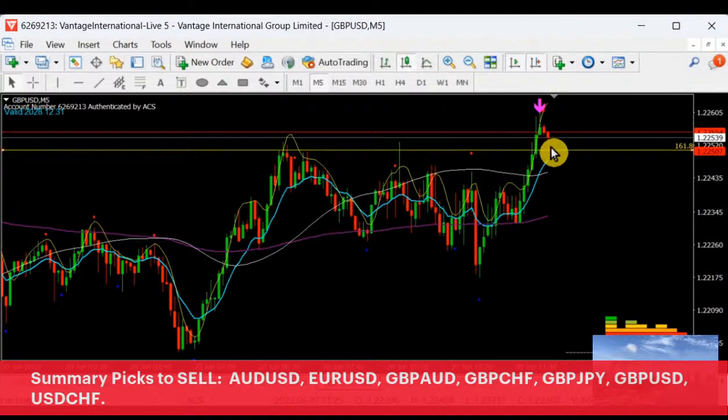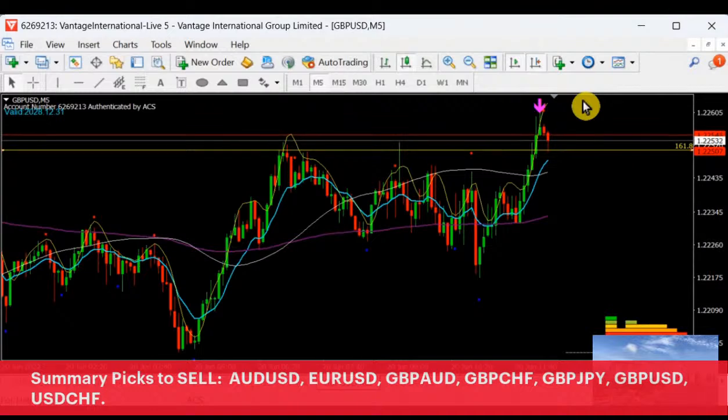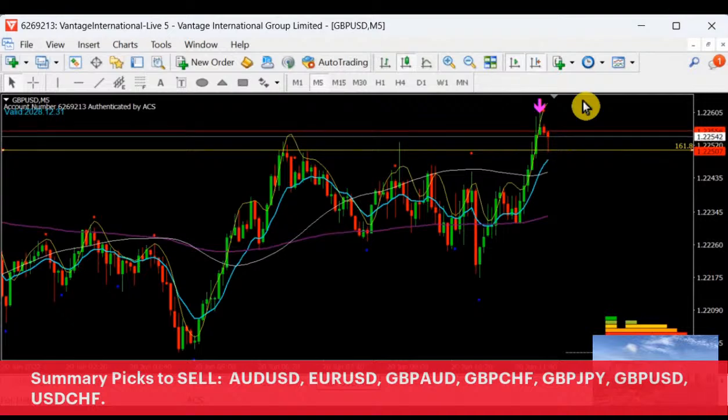If there's a rejection candle at this current candle, and the next candle opens as a green buying candle, very likely it will continue the buying. That will still give us a signal that buying is still possible.